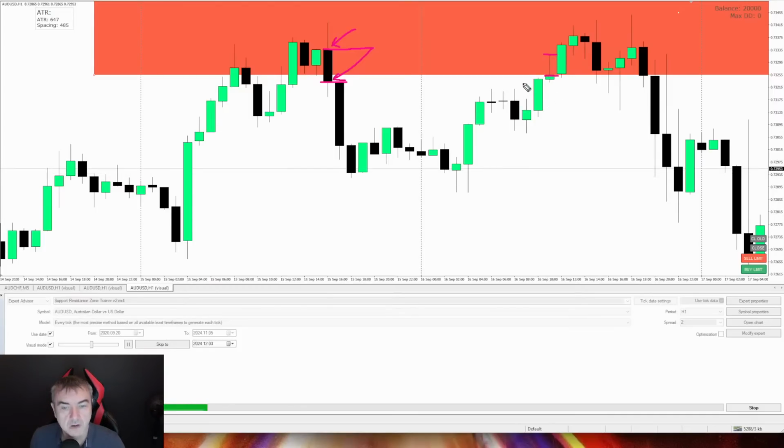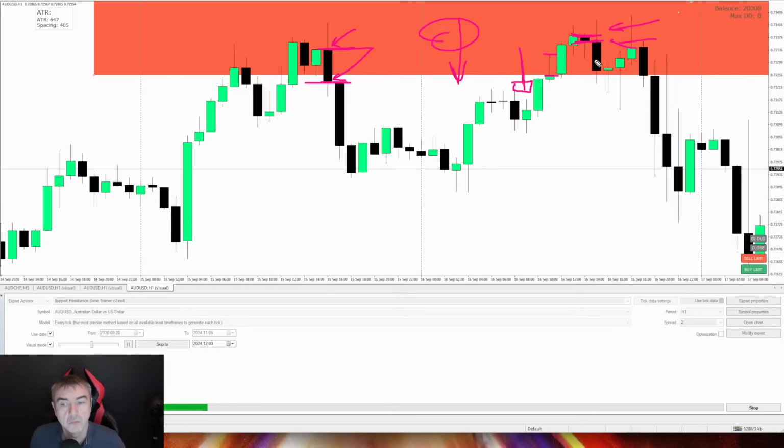So that's what I call the piercing entry. That is the open inside, close outside entry. And the third entry type is a bearish, in this case, because it's a sell zone up here, would be a bearish candle inside the zone. So we have a bearish candlestick there, but the open is inside the zone and the close is inside the zone.